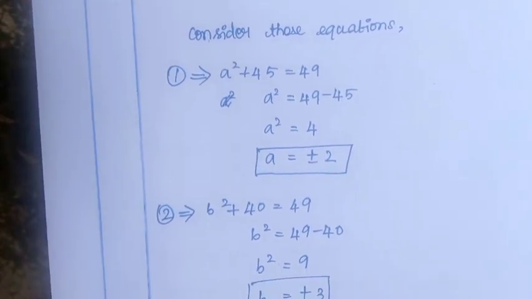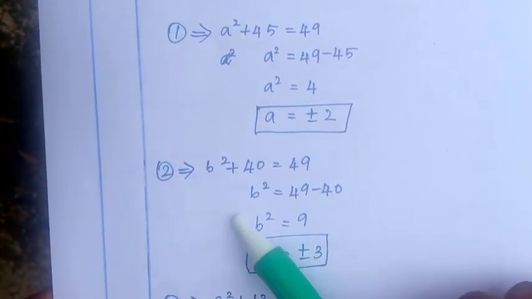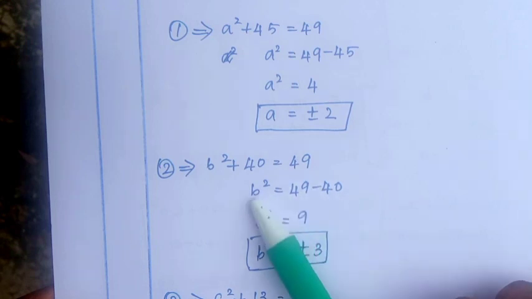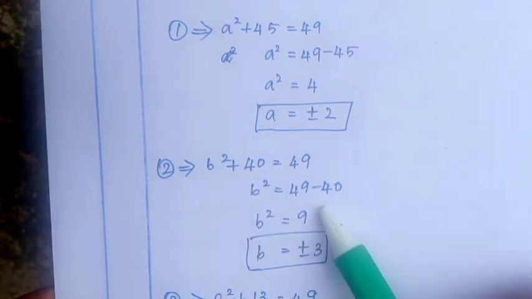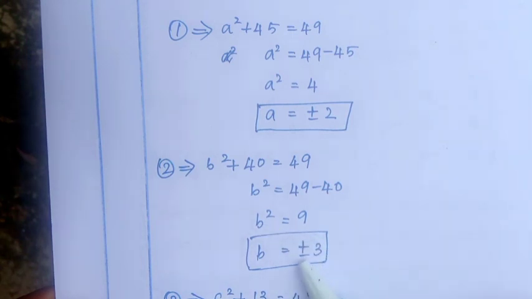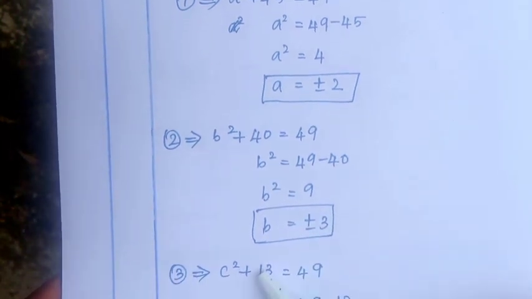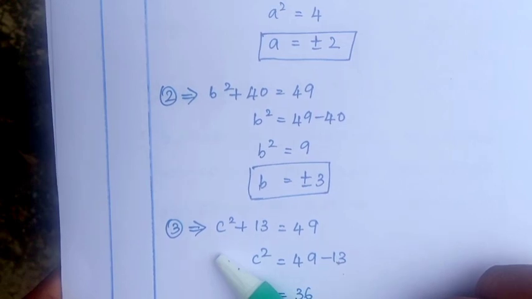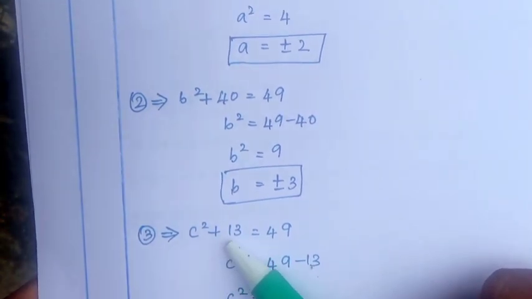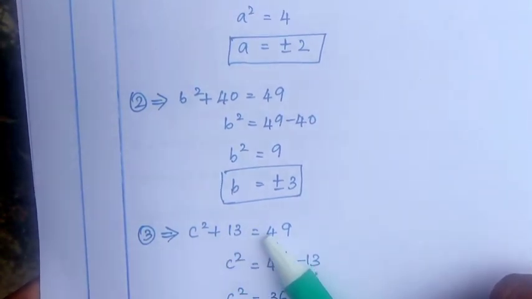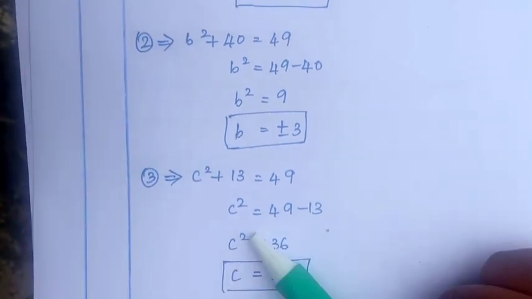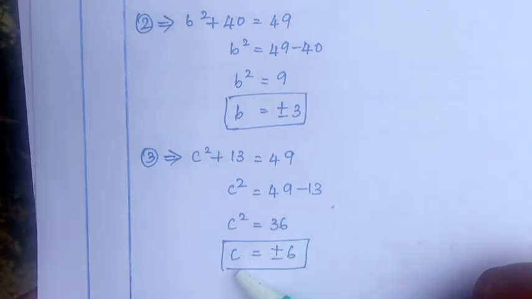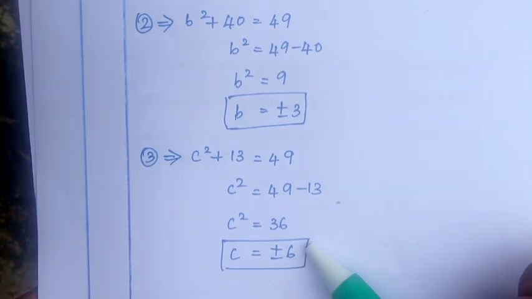Now from the second equation, B square plus 40 is equal to 49. 40 comes to this side, so 49 minus 40, B square is equal to 9, B is equal to plus or minus 3. Next, the third one, C square plus 13 is equal to 49. C square is equal to 49 minus 13. Lastly, C square is equal to 36 and C is equal to plus or minus 6.